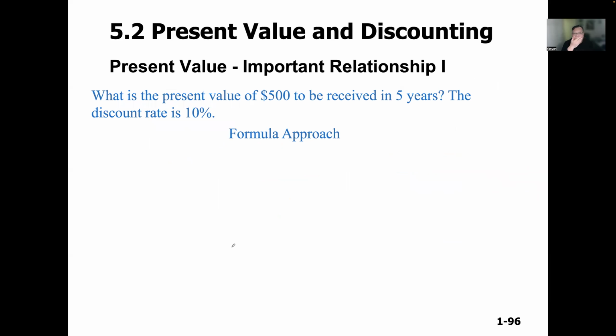Okay, now let's think about the relationships between the present value and the length of the period of time, as well as the interest rate. Suppose in 5 years you are going to receive $500, and the discount rate is 10%. What is the present value? You use this formula: the present value is the future value discounted.